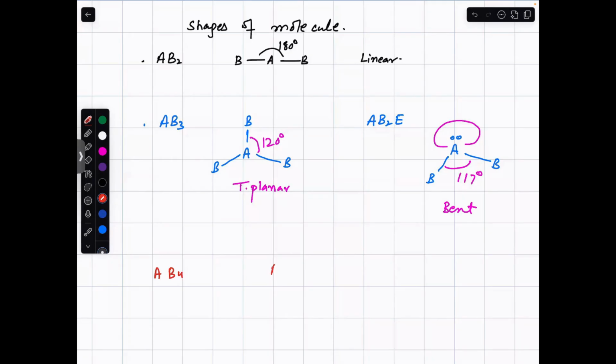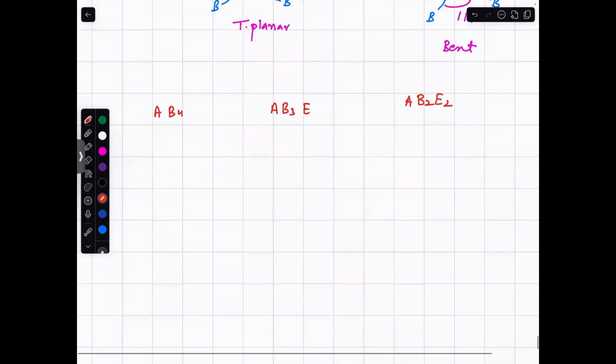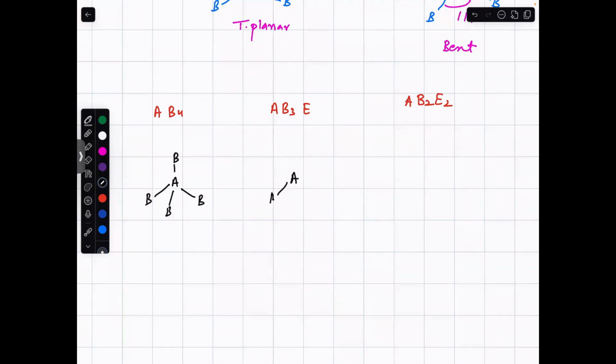And then the next case, AB4, AB3E, and then AB2E2. All 4 shared. Three shared, 1 lone. 2 shared and 2 lone.